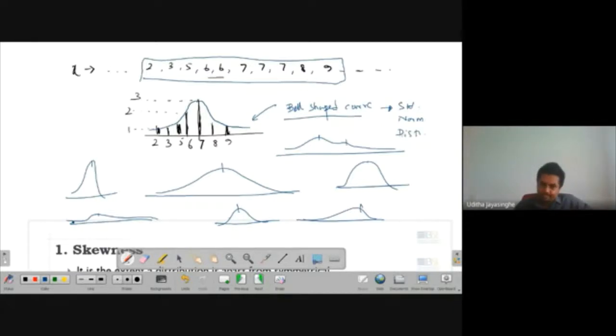Not yet. So if this axis is x, what is this axis? Y. This is going to be the frequency. Not that x and y are two variables. No, this is x and this is not y. This is the frequency of x.